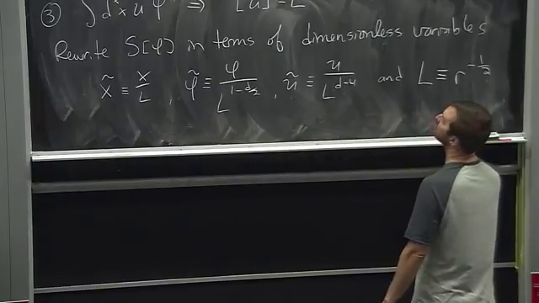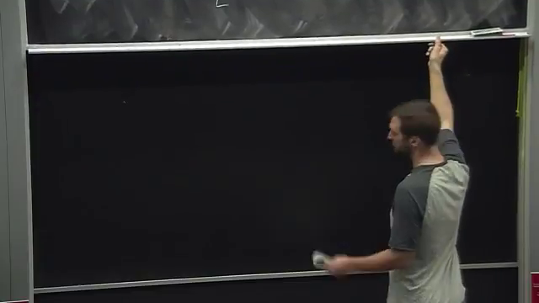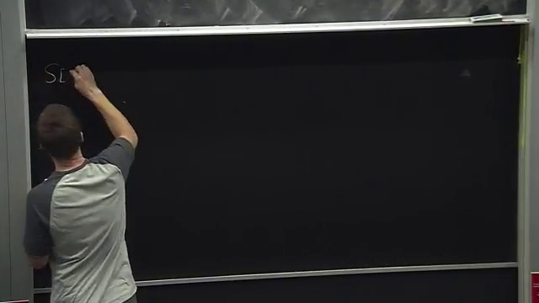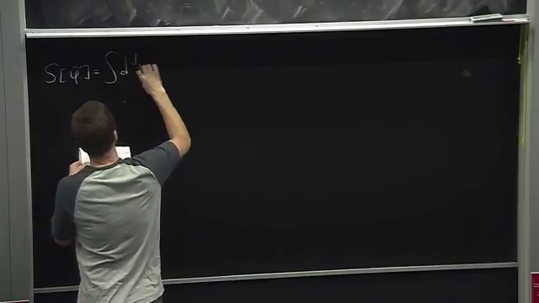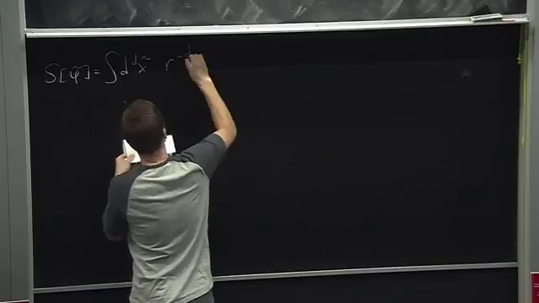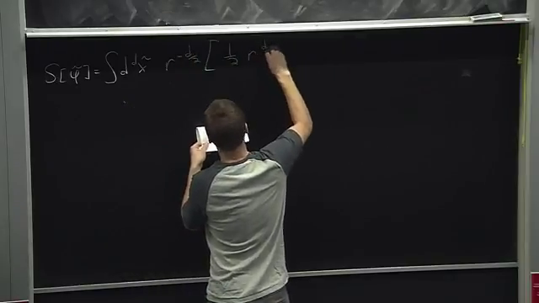Right? So then in these transformed coordinates, or dimensionless units, I've gotten rid of the L's, I'm replacing them with R's.